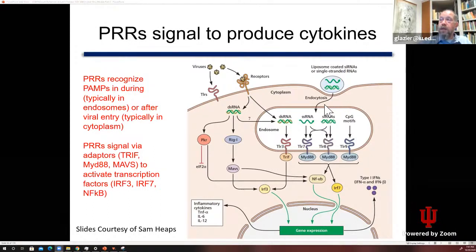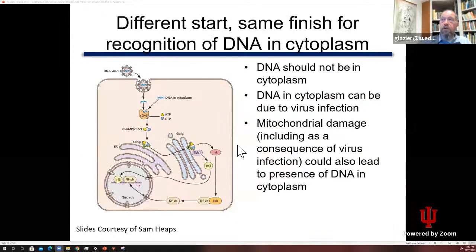Here, the single-stranded RNA triggers toll-like receptor 7 in an endosome. Through toll-like receptor 7, there's a long cascade of signals that produce interferon, also inflammatory cytokines. RIG-I is another pathway that's associated with this. The molecular details we're not going to worry about at the moment.